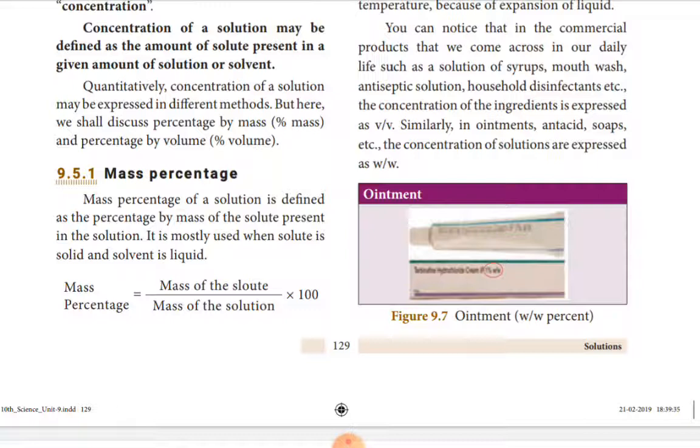It is mostly used when the solute is a solid and the solvent is a liquid. The formula for mass percentage is mass of the solute divided by mass of the solution, into 100.